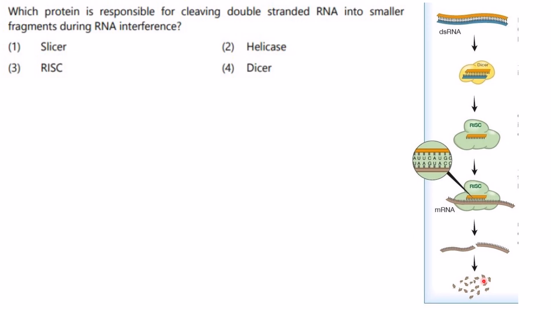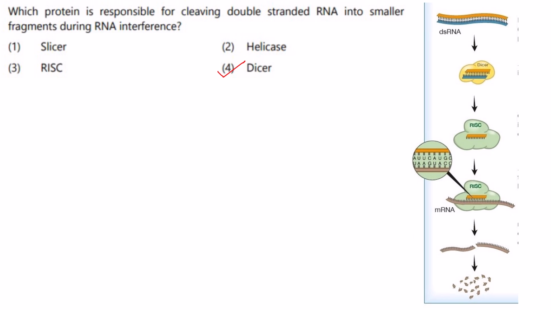Okay. Now, what is the question? Which protein is responsible for cleaving double-stranded RNA into smaller fragments using RNA interference? It is nothing but your dicer protein. So the answer is option 4. Helicase, it is for unwinding the double-stranded DNA during replication.